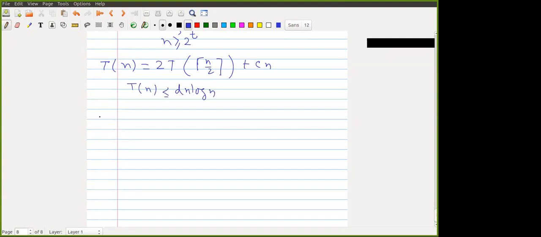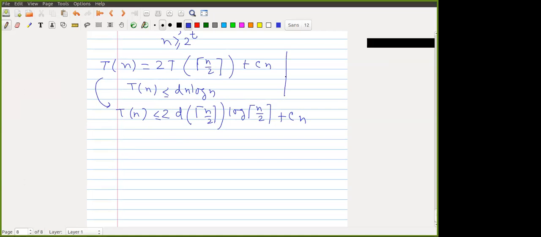If we unravel this, this implies that T(n) is less than or equal to 2 times d of ceiling of n by 2, log of ceiling of n by 2, plus cn. If we express it a bit more, we can do it in this form.